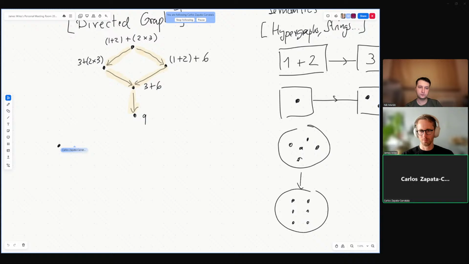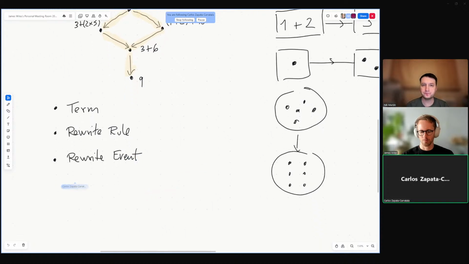So we've had term, we've had rewrite rule, we've had rewrite event, parent, descendant.